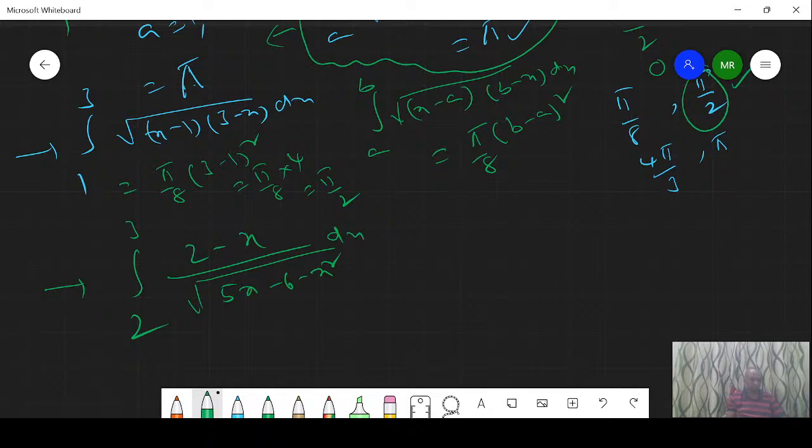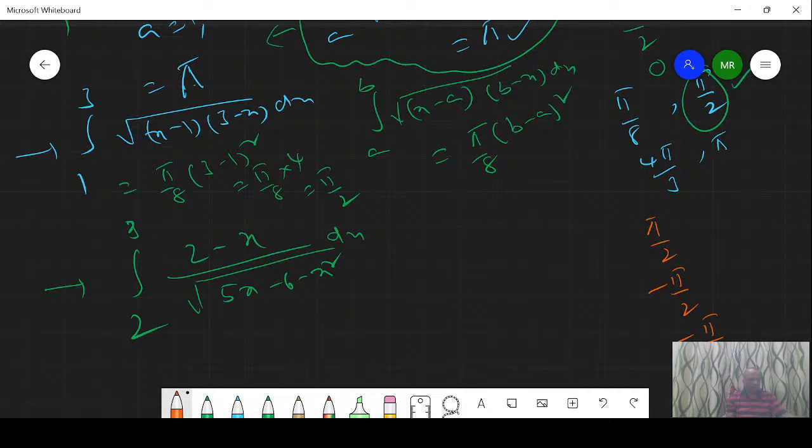These are all simple logic problems. The options given are pi by 2, minus pi by 2, minus pi by 3 and pi. What is the answer here?